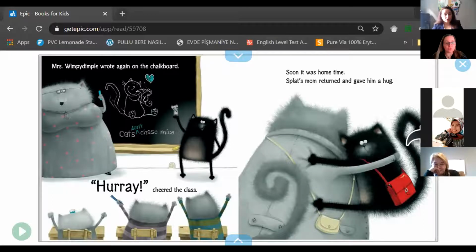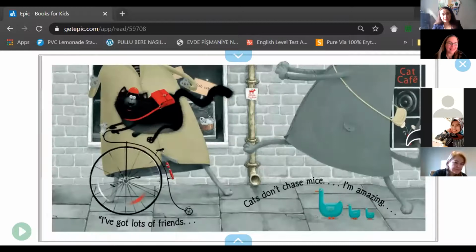Cats don't chase mice. Hooray! Cheered the class. Soon it was home time. Splat's mum returned and gave him a hug. "I've got lots of friends. Cats don't chase mice. I'm amazing."